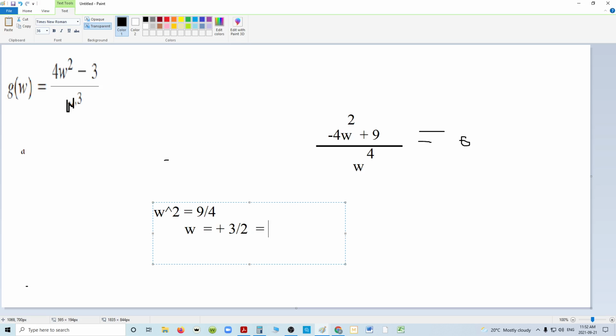So when x is 1.5, there's going to be a max or a min. And when x is equal to negative 1.5, because you have to take the negative as well when you take the square root, there's going to be a max or min.